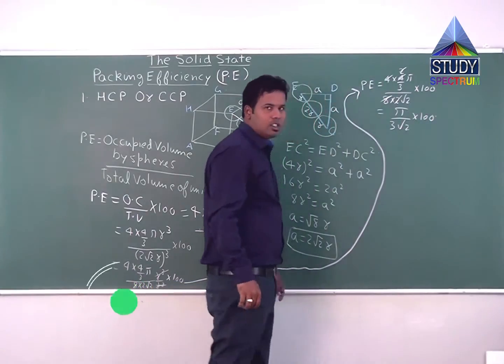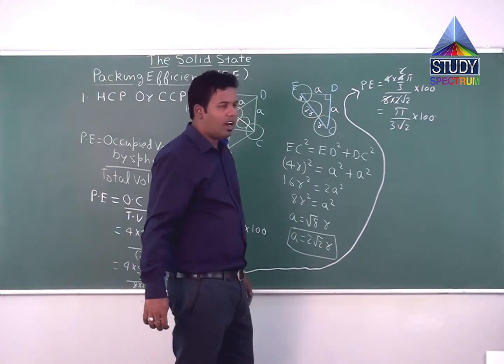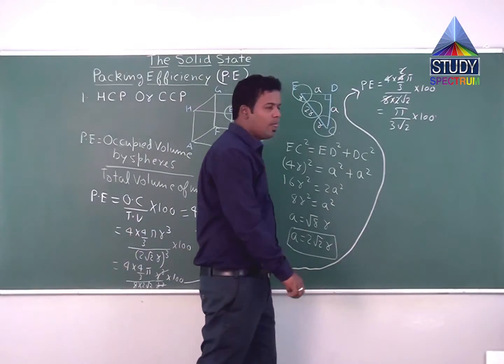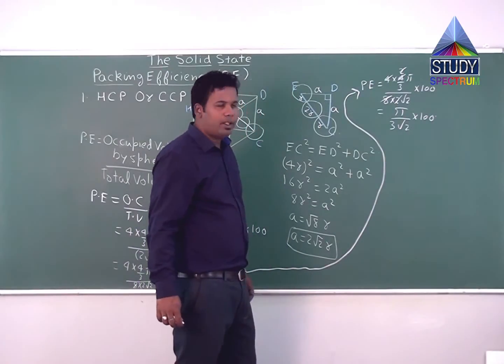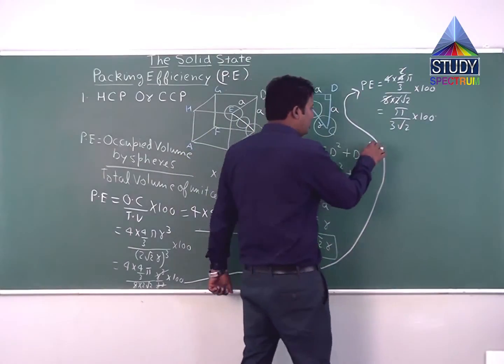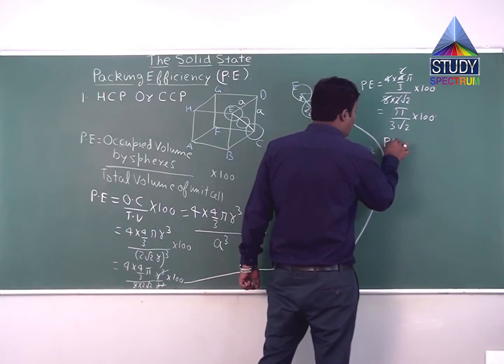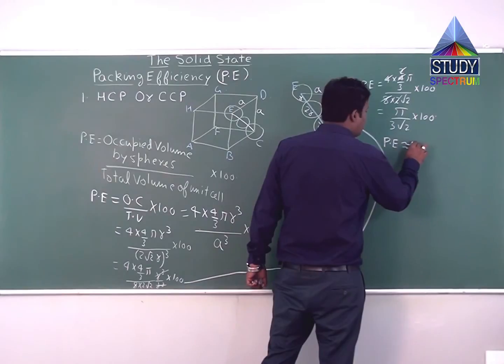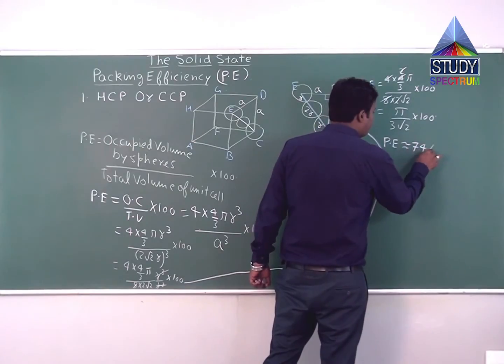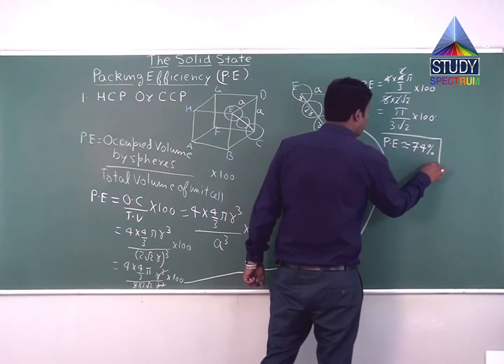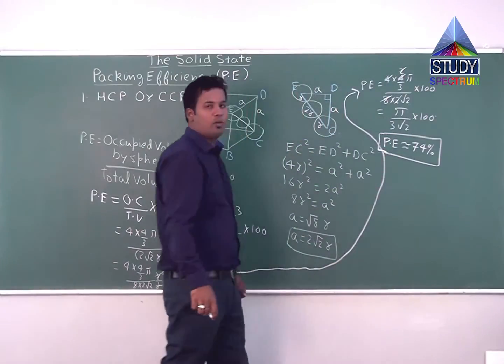Now if I substitute the value of pi as 3.14 or 22 by 7 divided by 3 root 2 into 100, if I solve this, packing efficiency turns out to be almost 74%.